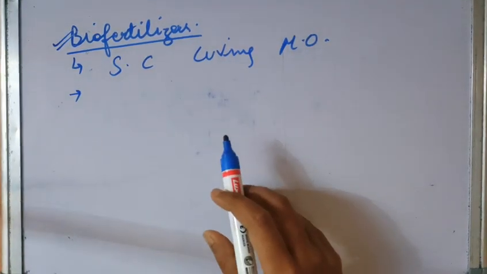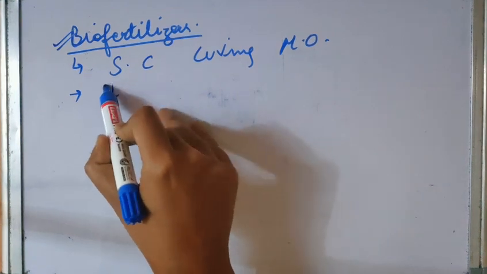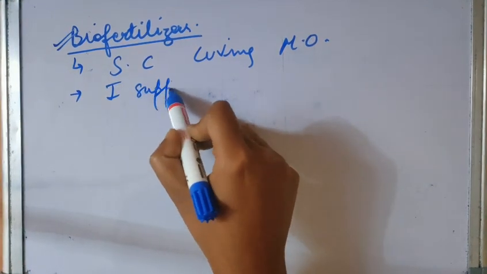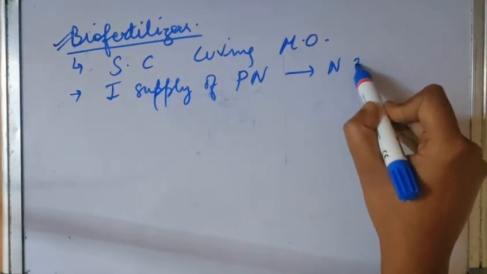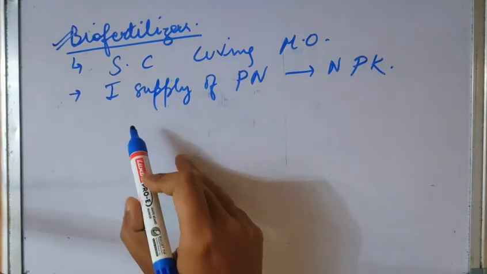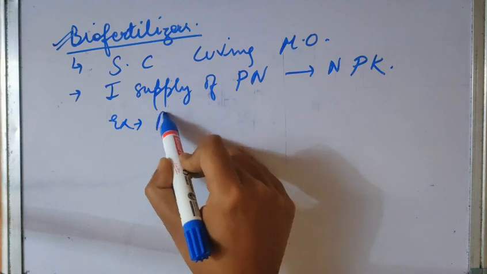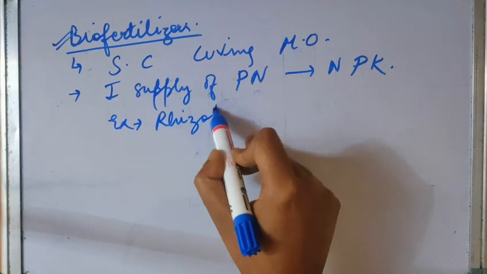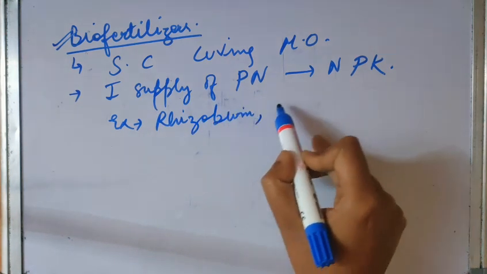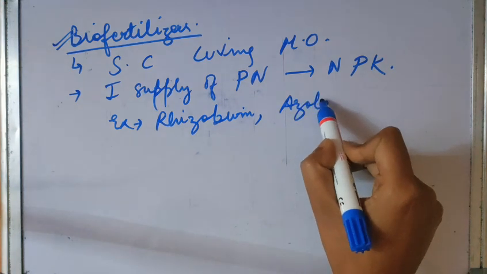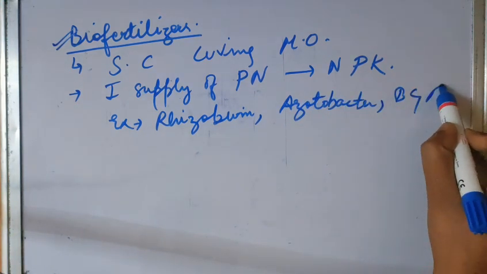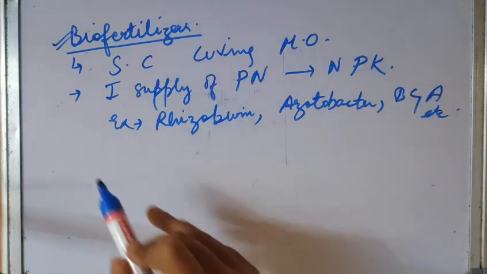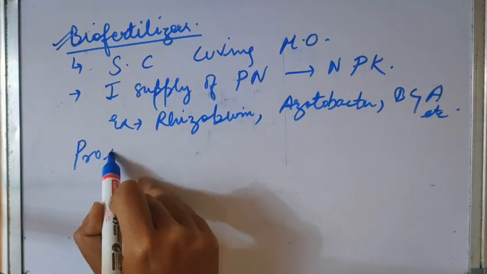It improves supply of primary nutrients like NPK. Examples of some biofertilizers are rhizobium, azotobacter, blue-green algae, etc.